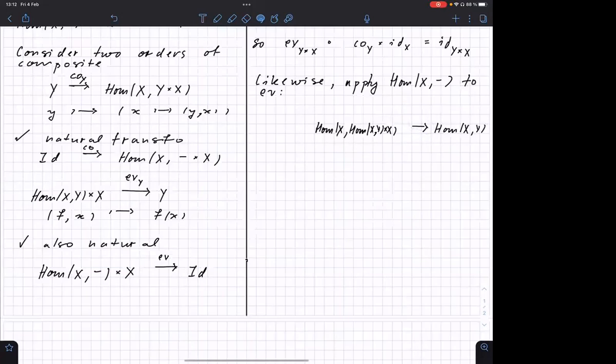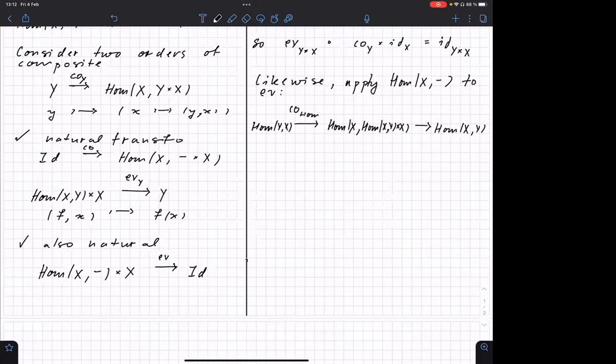Make room for everything. And then coming into that, I could consider the co-evaluation coming from Hom y to X. This would be co on the Hom.